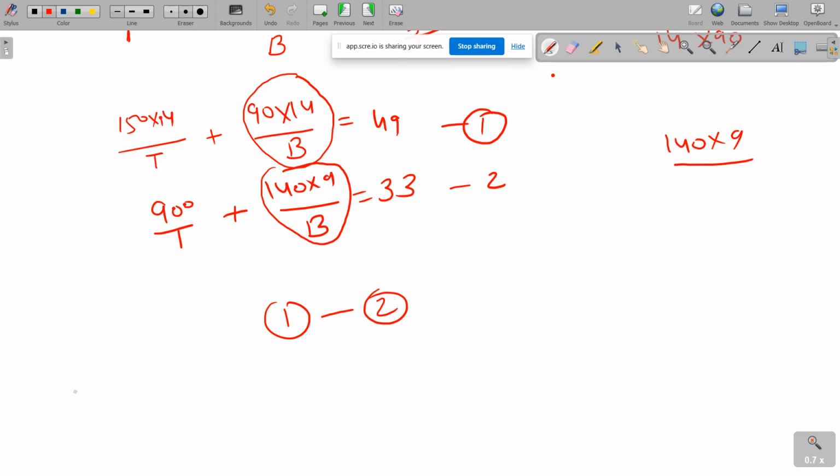So what can I write? It is 150 into 14 divided by t, minus 900 divided by t, is equal to 49 minus 33, right? Because this value minus this value will cancel out. We will get 0.